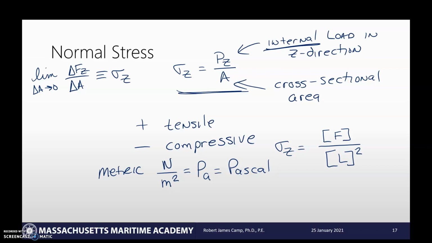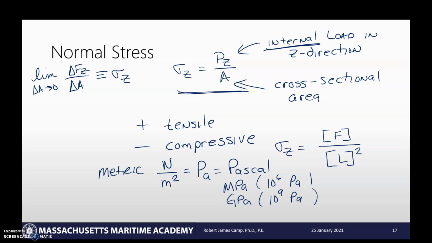Typically what you will see in a material properties book in the metric system will be MPa and GPa, megapascals and gigapascals. A megapascal is 10 to the 6th power pascals. A gigapascal is 10 to the 9th pascals. So you will typically see mega- and gigapascals as the unit for the metric system.